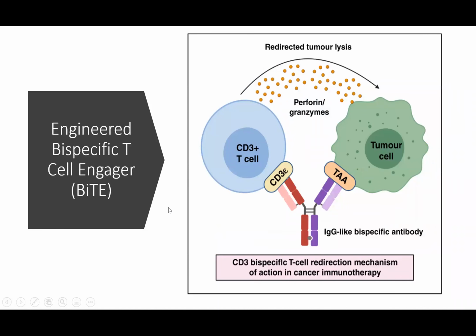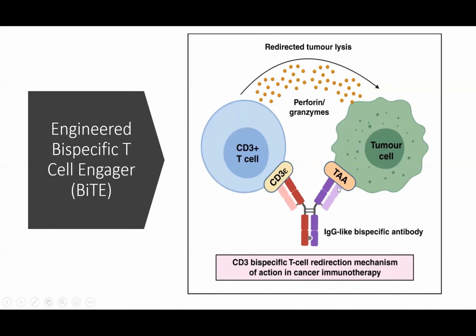Also, another novel strategy is the use of bispecific T cell engager, or what we call BiTE. This type of antibody can bind to T cells and the cancer cells at the same time. So it has a fragment specific for CD3 on the TCR receptor of T cells, so it can bind specifically with T cells.